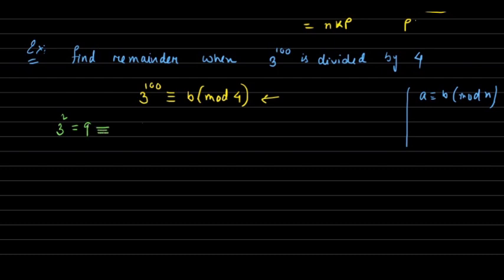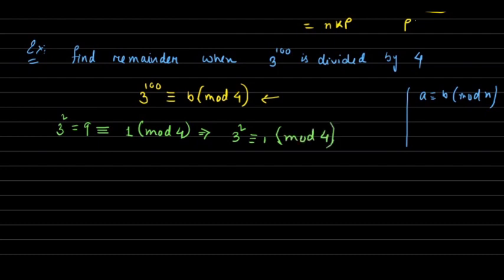When 9 is divided by 4, what will be the remainder? I think you are aware of this. The remainder will be obviously 1. Why? Because 9 minus 1 is equal to 8, which is divisible by 4.